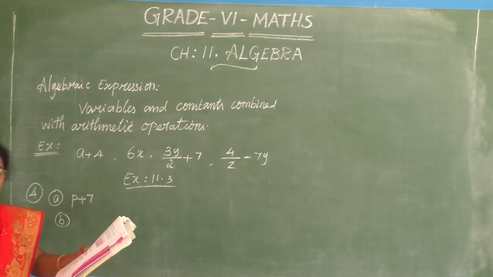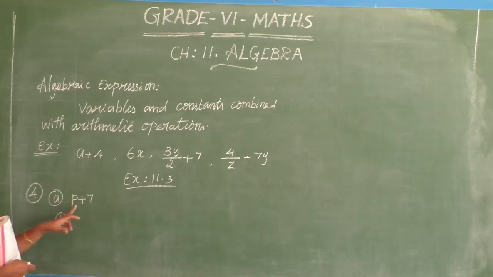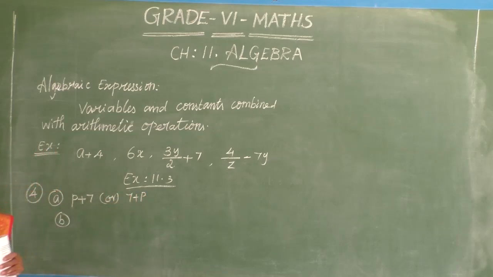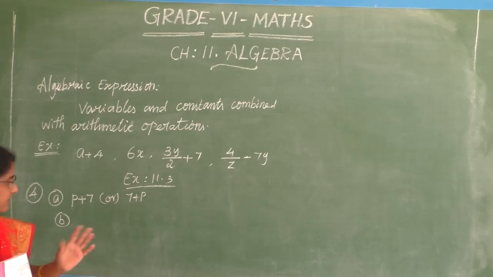We can write p plus 7 or 7 plus p. This is also correct because addition is commutative. We can reverse the places and we will get the same answer. We can write it both ways.